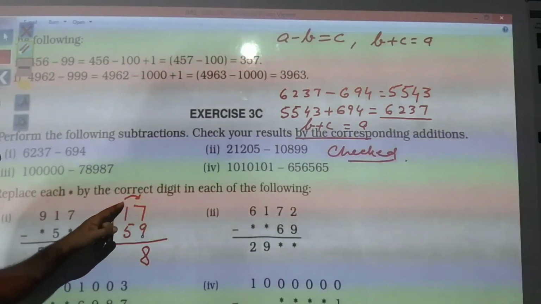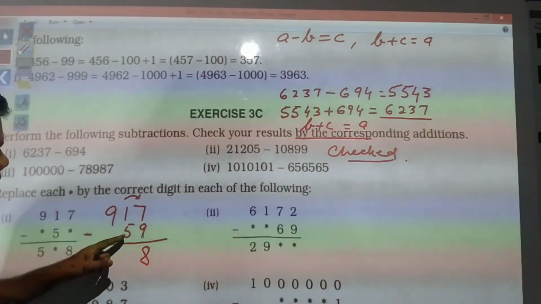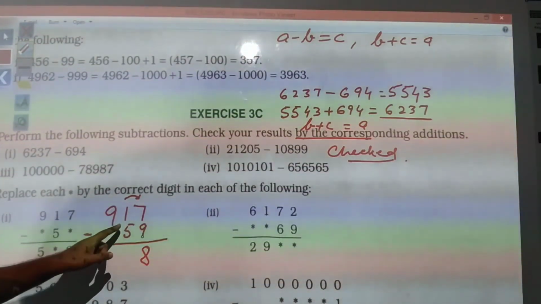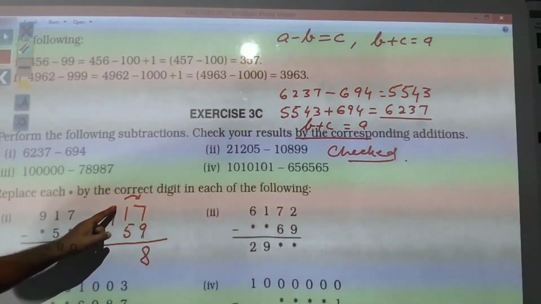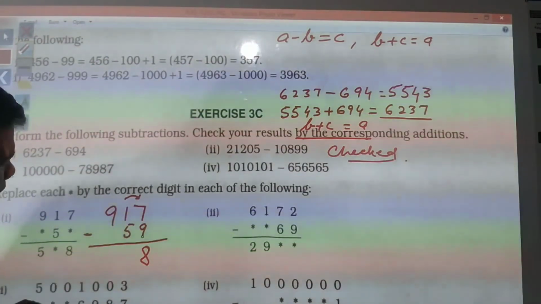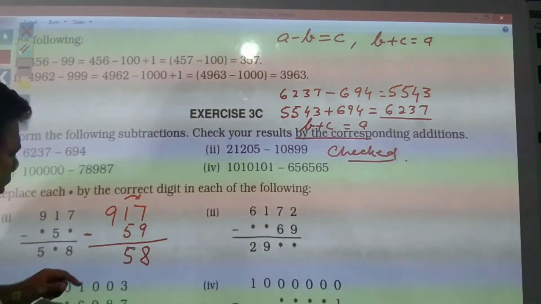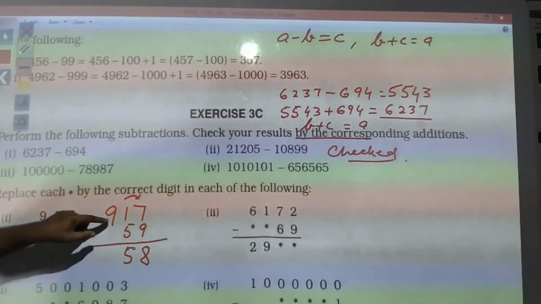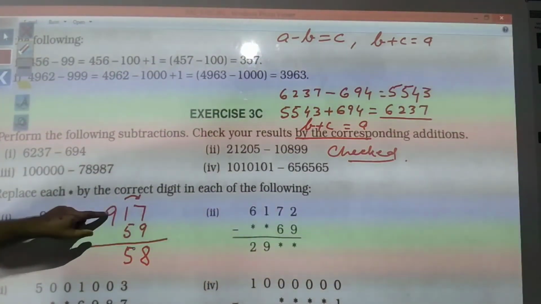Now you see here you have 0, and what you will subtract by this? Here you have 0, so it will become 10. 10 minus 5 is equal to 5. And here again you need to write down what number. Here you are left with 8.